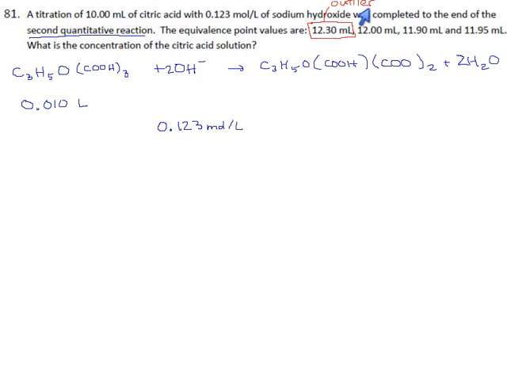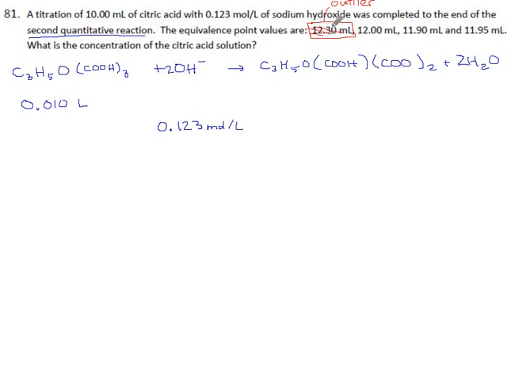Not liar as in it lies to you, but as in it lies far away from the other numbers. Now, sometimes outliers are important information and they're a big deal, but in some cases, outliers just mean human error. It means a person did this 4 times and one of the times they made a bit of a mess of it. And so in chemistry, traditionally, our first reaction to an outlier like this is to throw it away.